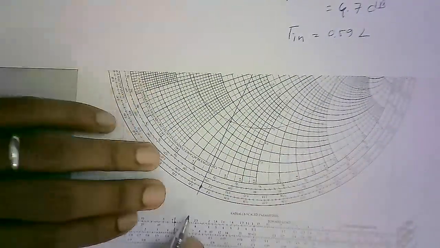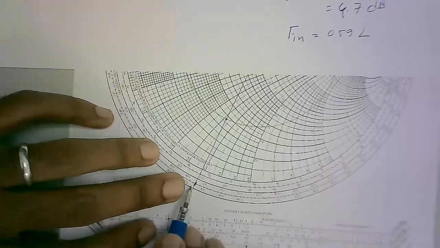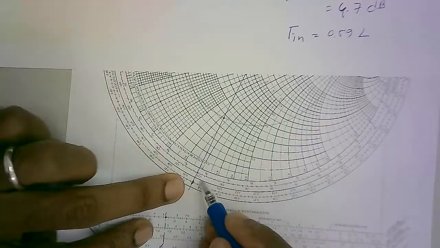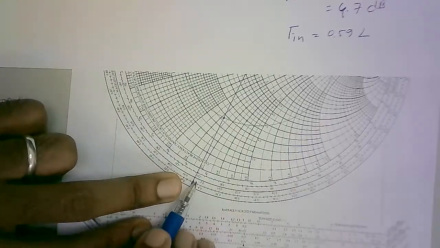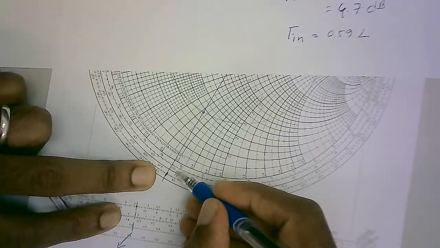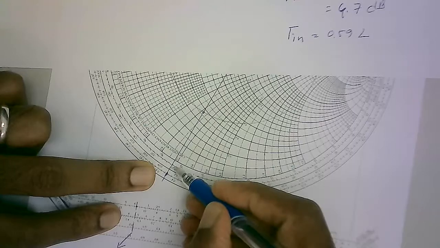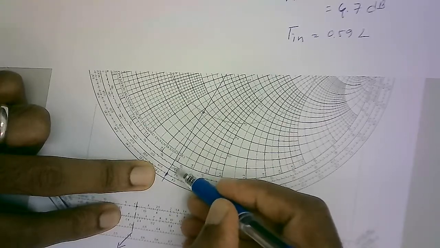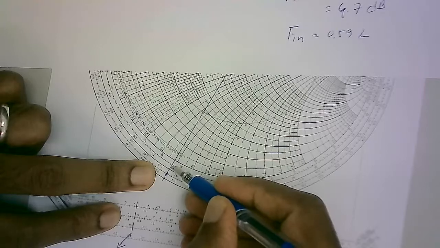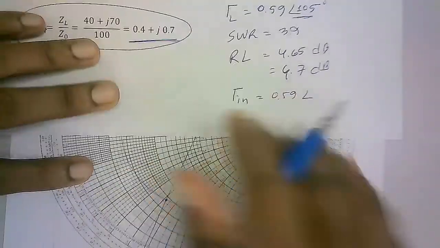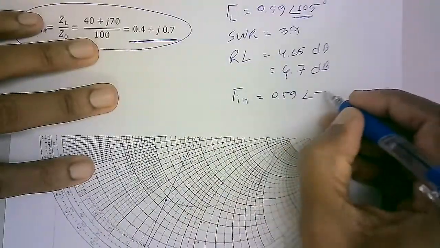We find here. So the angle is minus 112. We can write minus 112.